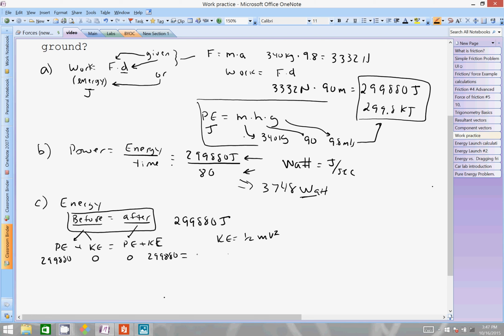So 2,998.80 equals one half mass, which is 340 kilograms, times the velocity squared.